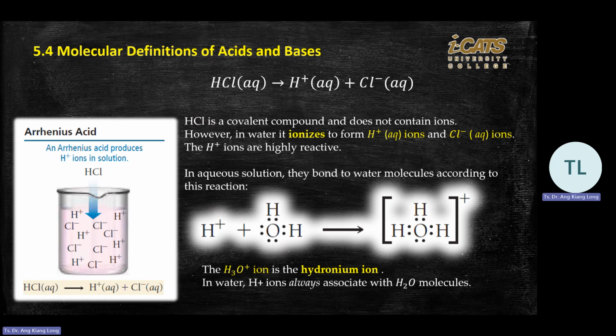Okay. H plus means it has a lack of electrons, so you combine. So you count how many valence electrons? H has 1 electron, right? H plus has no electron.